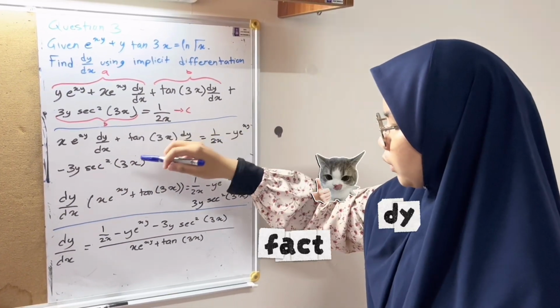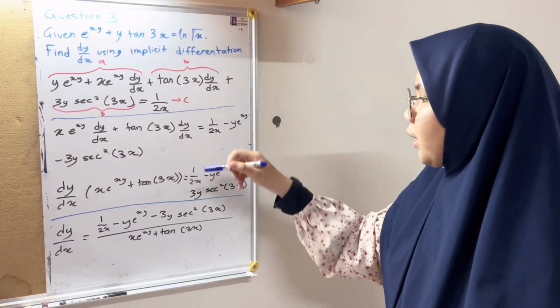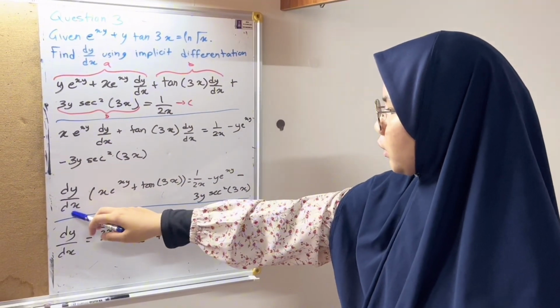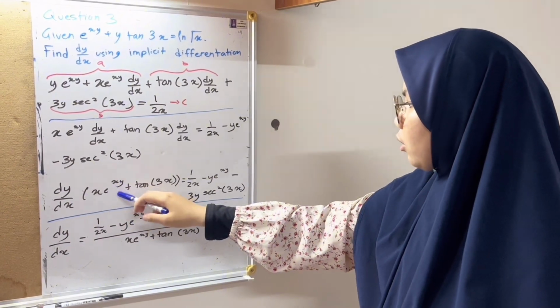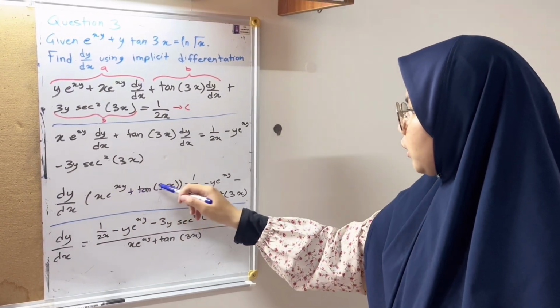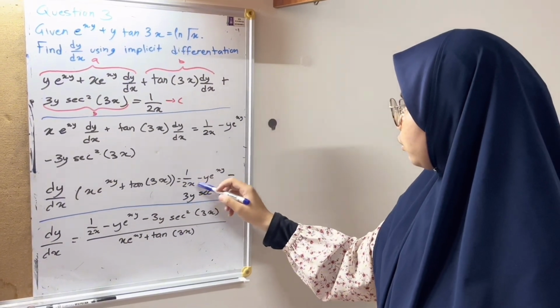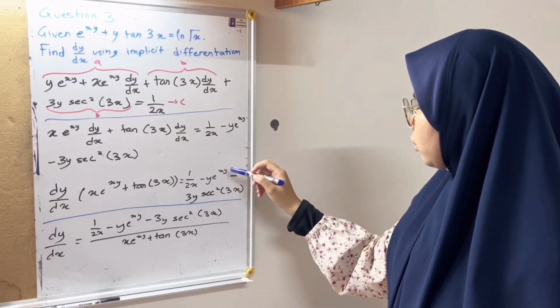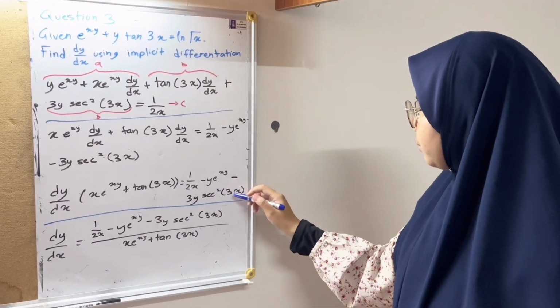Then we factor dy dx from the terms on the left hand side, like this: dy over dx times x e to the power of xy plus tan 3x equals 1 over 2x minus y e to the power xy minus 3y sec square 3x.